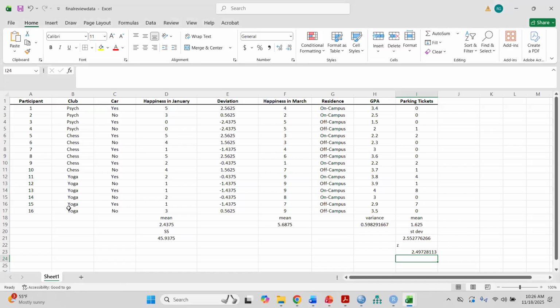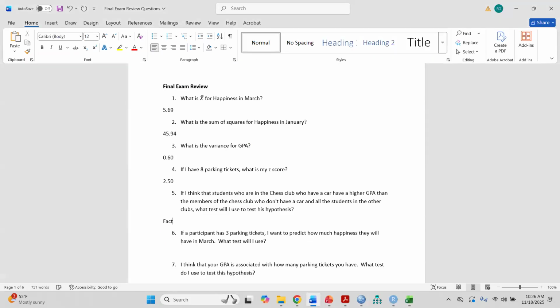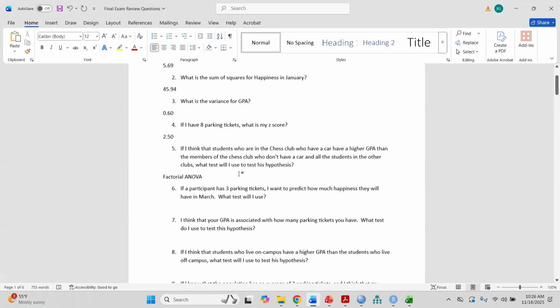Club, there's 3 levels. Car, there's 2 levels. These are both categorical. And it's asking about GPA, which is a numeric variable. So it's 2 categorical independent variables, and a numeric dependent variable. Well, that is going to be a factorial ANOVA, right? Two different independent variables that are categorical and a dependent variable that's numeric.